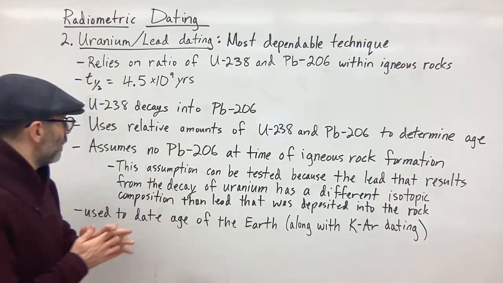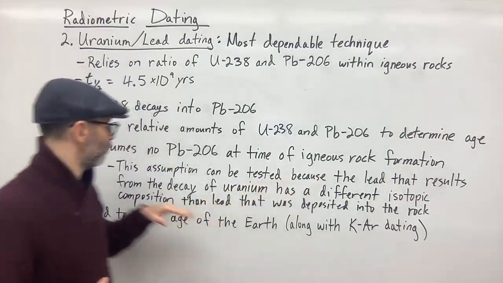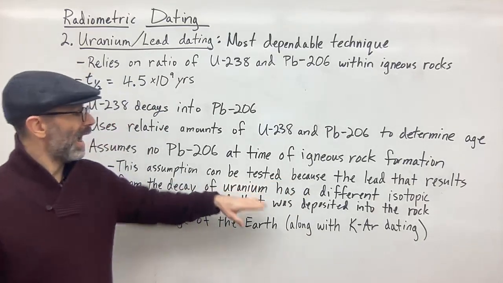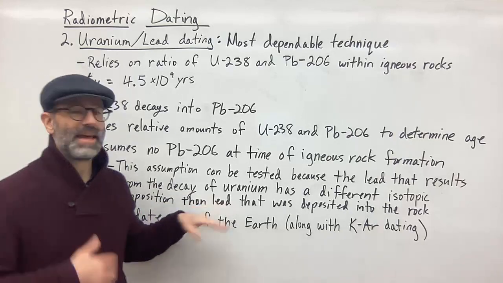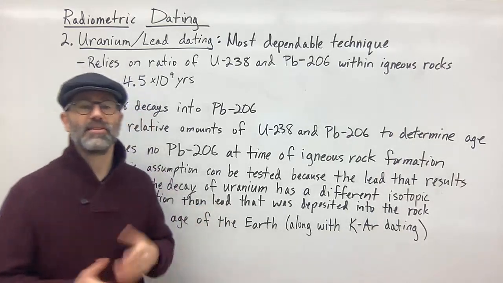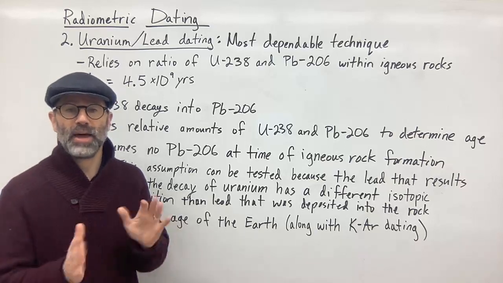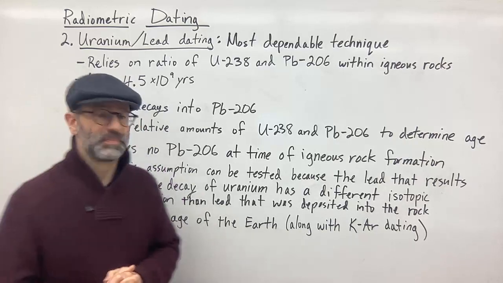Well, we can test this assumption, because the lead that results from the decay of uranium has a different isotopic composition from the lead that may have been deposited there at the time of the formation of the rock. So we can use that to test the assumption.